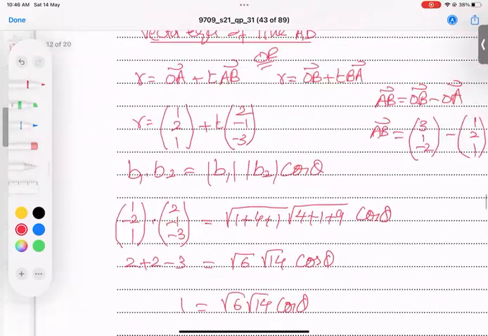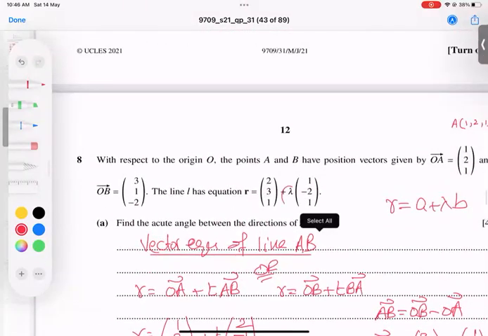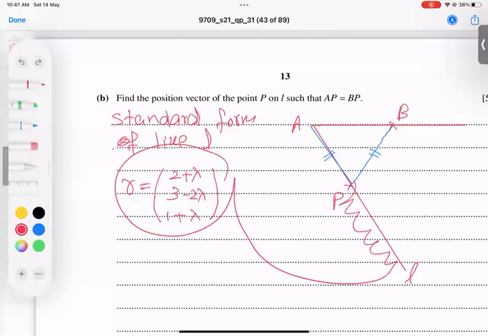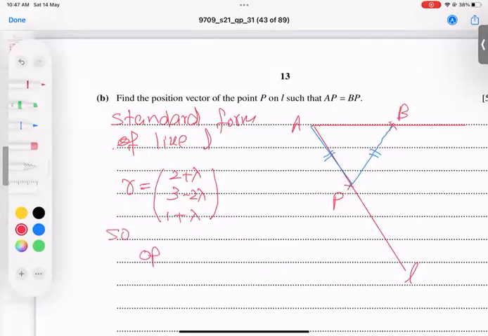And the third one is lambda multiplied with 1 plus 1, so 1 plus lambda. Done. And the interesting part is that this is the standard form of line L. On line L, millions of points lie, but when I convert to standard form, it represents every point, even P as well. So from here, OP vector is this.